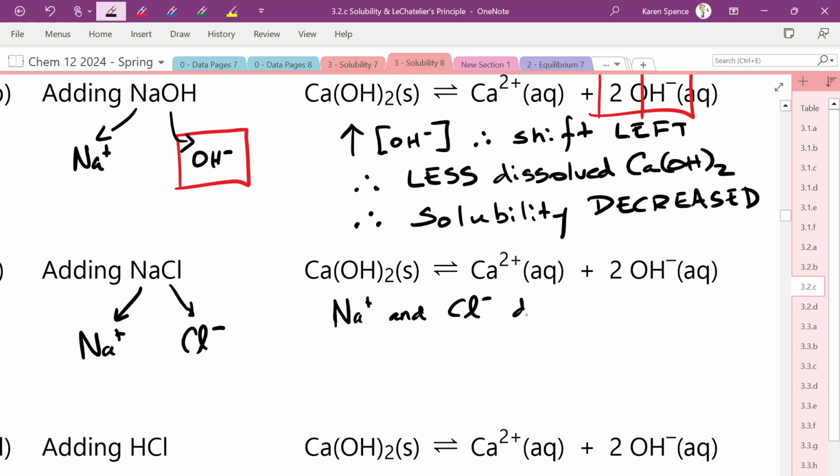Cl minus do not react with Ca2 plus or OH minus. They are not involved in the equilibrium.